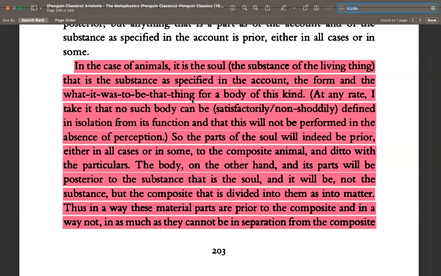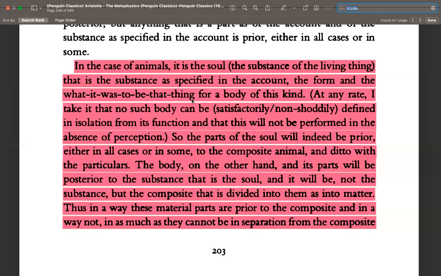At any rate, I take it that no such body can be satisfactorily, non-shoddily defined in isolation from its function, and that this will not be performed in the absence of perception. So the parts of the soul will indeed be prior, either in all cases or in some, to the composite animal, and ditto with the particulars.